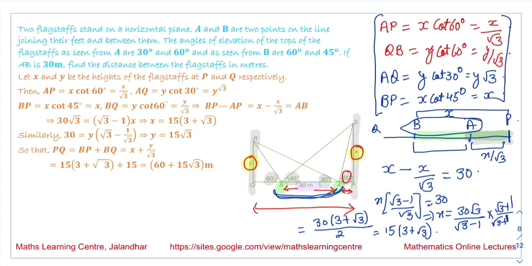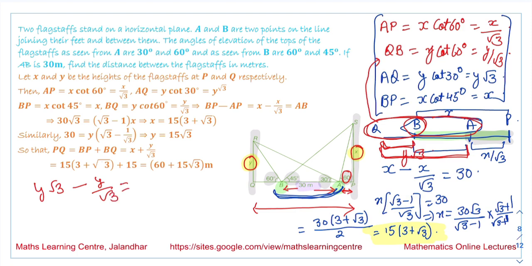Similarly, to calculate this length AB, we use the value of AQ minus BQ. The value of AQ is y times square root 3, and we subtract from it the value of BQ, which is y by square root 3, and the difference of both these values is again 30.